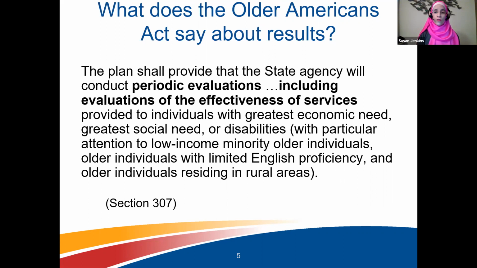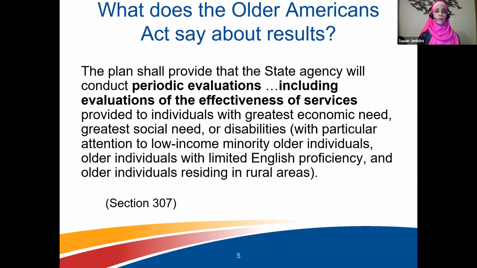And for the sake of this conversation, we're not talking about full-blown project and program evaluation, but really the dictionary definition of evaluation, which is an assessment of the value of something. So we don't have to necessarily do a randomized control trial or other fancy methodological program evaluation, but really evaluating the extent to which our programs, the programs funded, the initiatives funded under the state plan are meeting the goals as outlined in the state plan.